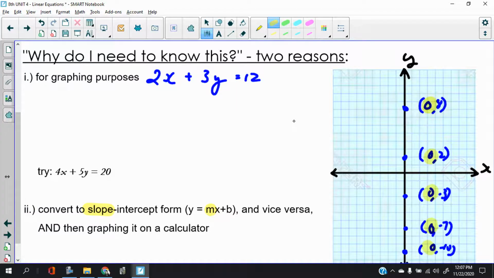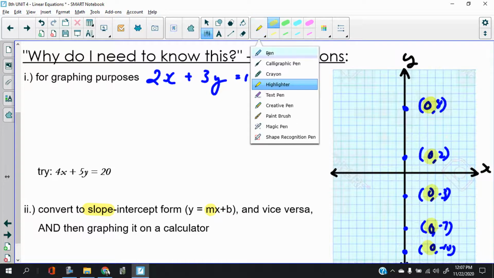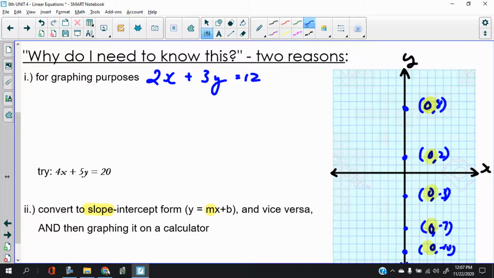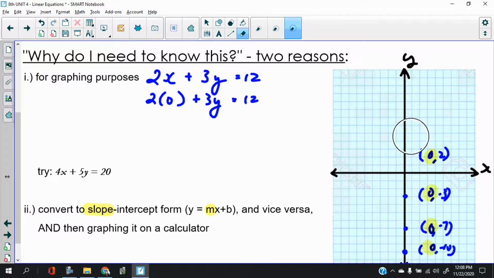So what does that imply? If x were to be 0, right here, then we could know right off the bat what the y-intercept is, right? So let me erase this in preparation for the question.